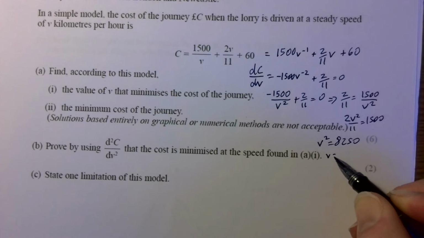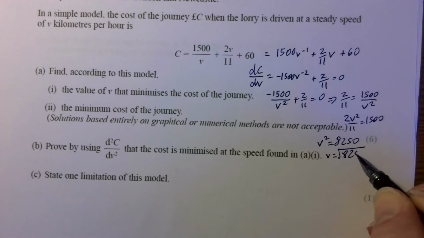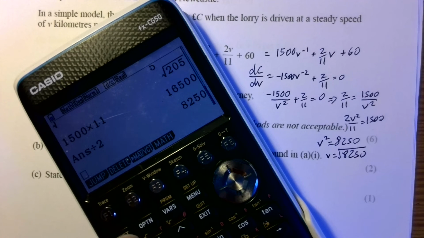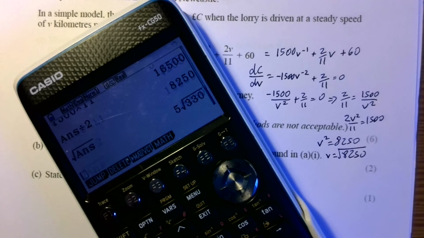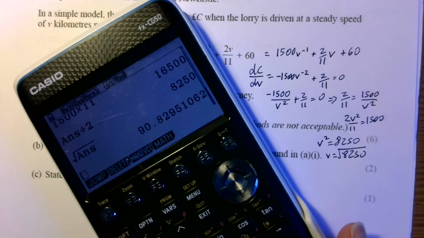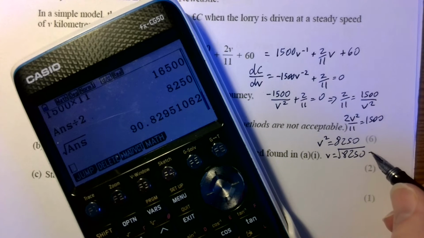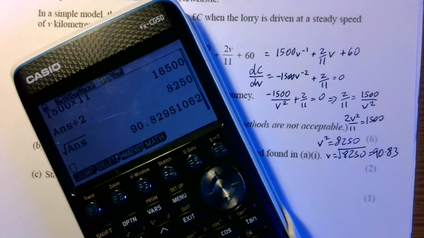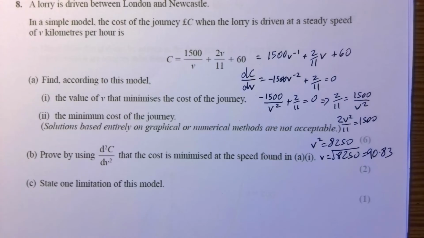So v will be root 8250. So the square root of the answer is 5 root 330. Now we want some money here, don't we? So we better S to D. That gives us 90.83 to the nearest penny.